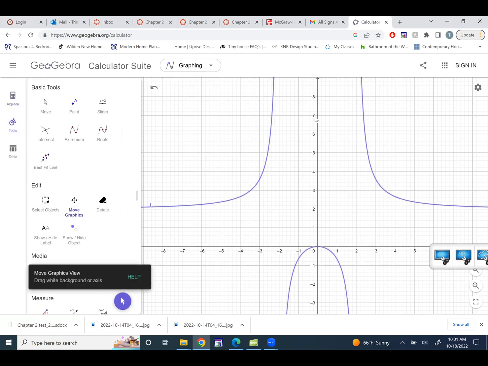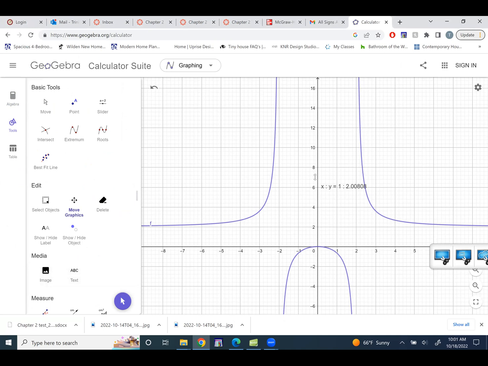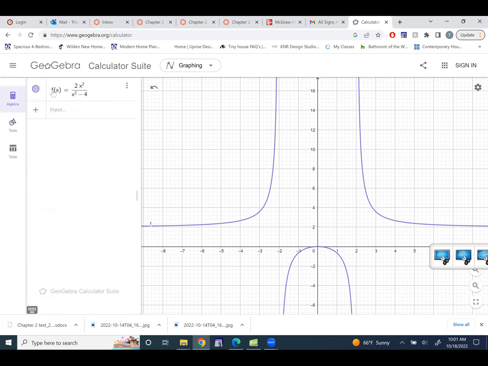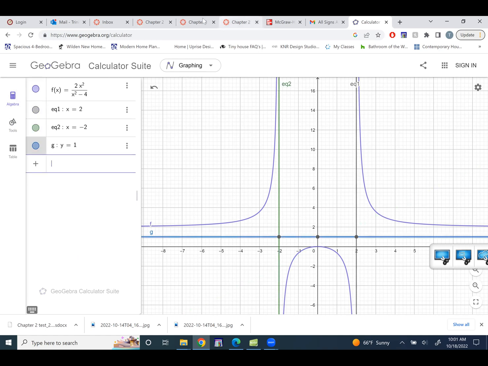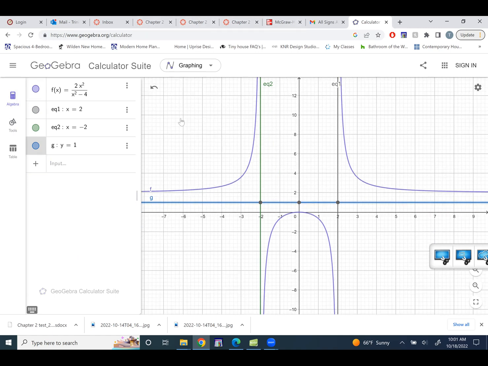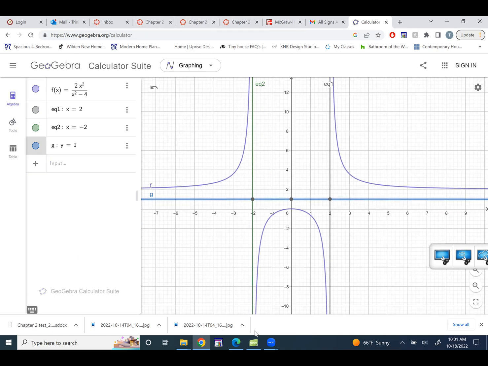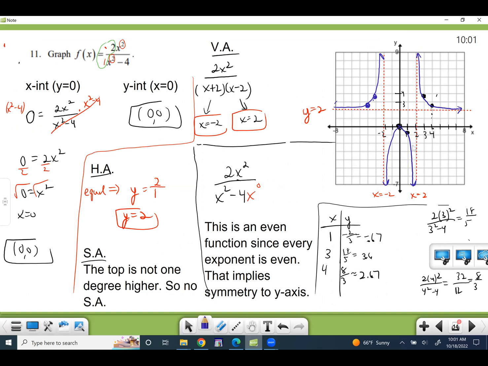I don't have my asymptotes put in there, but that is exactly the graph we had. If I put in x equals 2, x equals -2, y equals 1, I think it was. Oh, look at that. That's fabulous, you guys. So if you go back and look at our graph, it's exactly what that guy looks like, right? Spectacular. Oops, it was y equals 2.